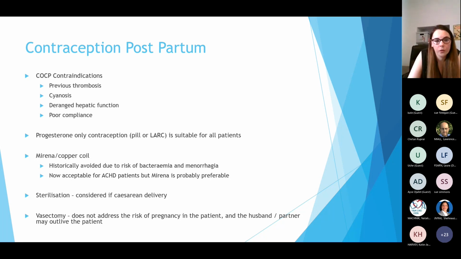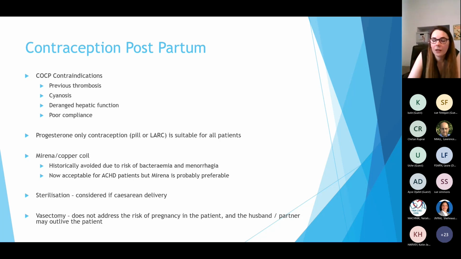With the Mirena and copper coil, while historically these were avoided due to risk of bacteraemia and menorrhagia, it's now acceptable for congenital patients, and on balance, the Mirena is probably a more preferable option. If patients are going for caesarean, we do sometimes discuss having sterilisation at the same time.